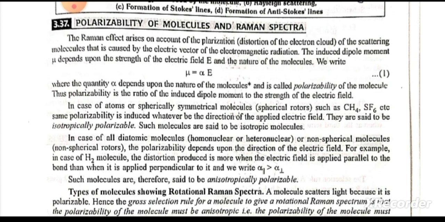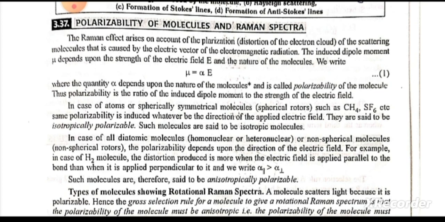In case of atoms or spherically symmetrical molecules such as CH4, SF6, etc., the same polarizability is induced whatever be the direction of the applied electric field. They are said to be isotropically polarizable. Such molecules are said to be isotropic molecules.